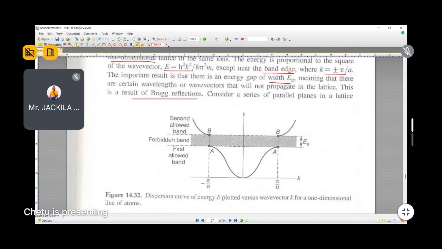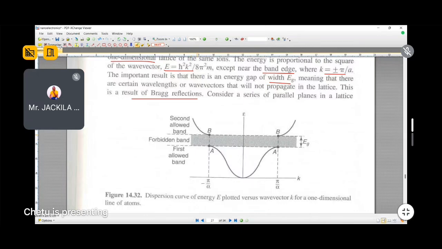Now this forbidden band can be used in different ways. One is that it can act like a filter. For wavelengths that you don't want, you can create an ionic crystal structure whose forbidden band gap matches those wavelengths, and they can be omitted.